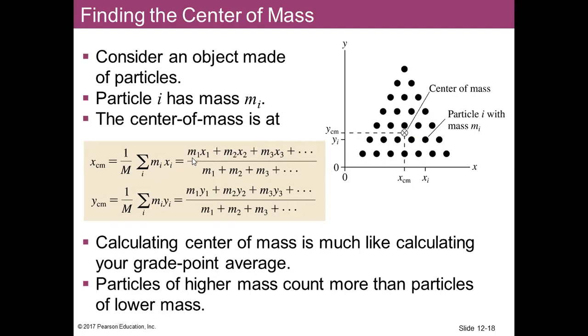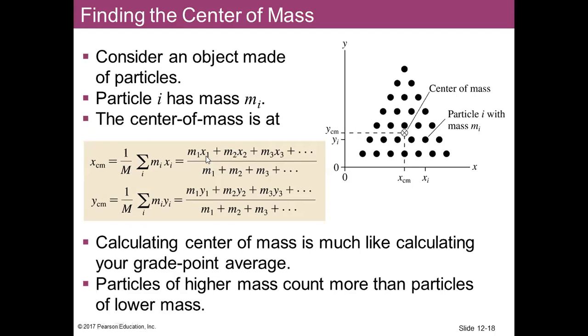If it's only one particle, then we have m1 times x1 over m1, which means the center of mass will be the same as the center of mass of that individual particle. If we have two particles, then the center of mass for x is m1 x1 plus m2 x2 over m1 plus m2.